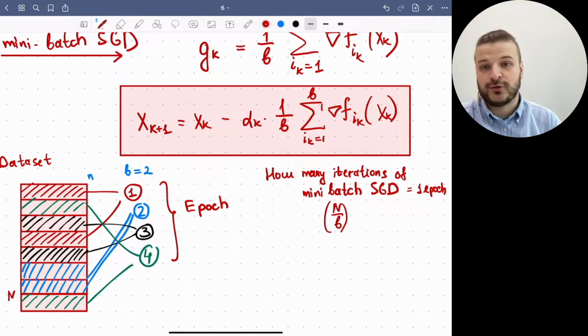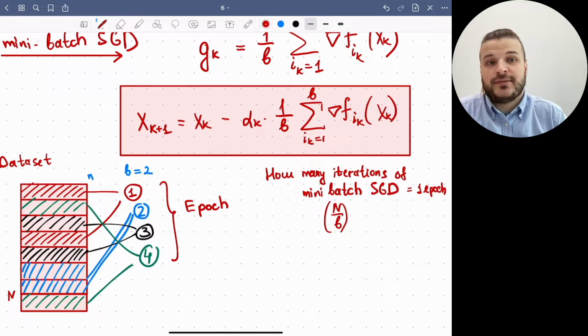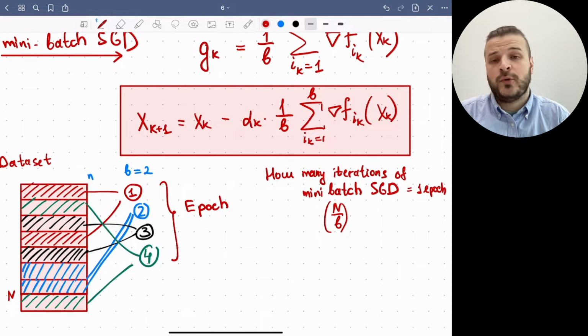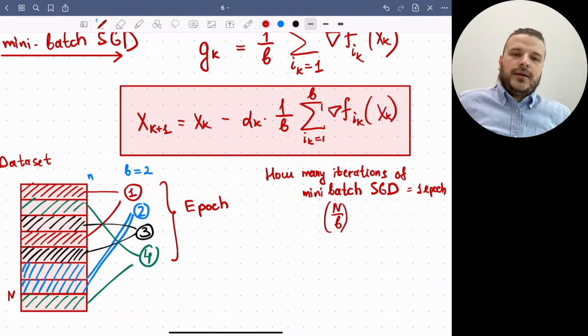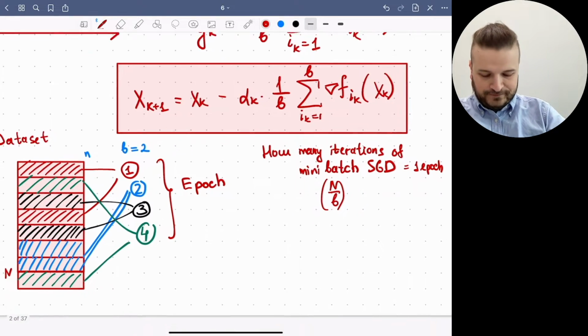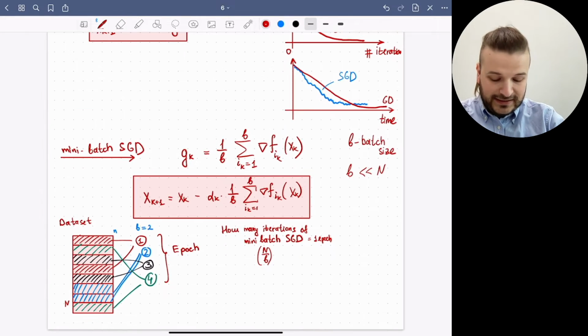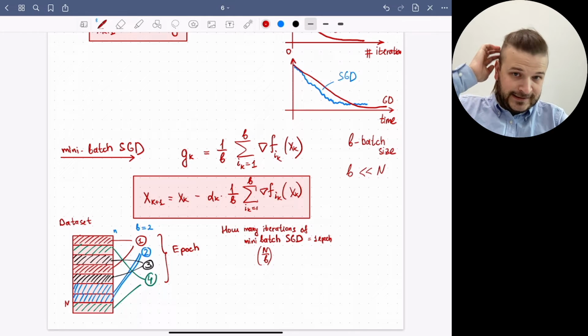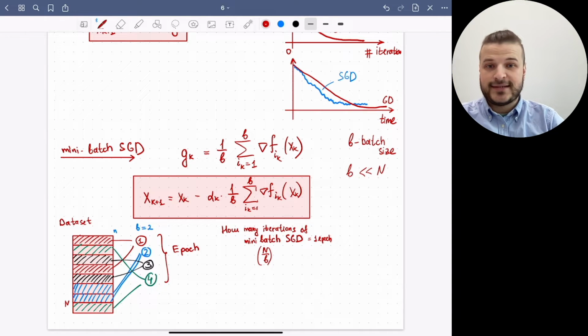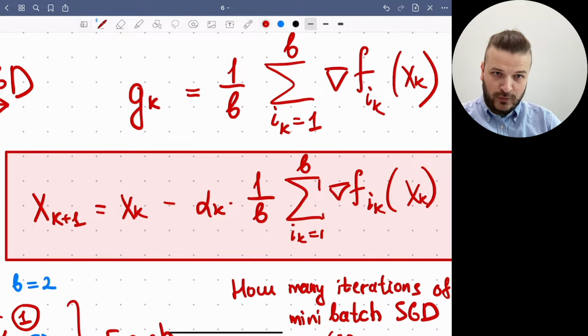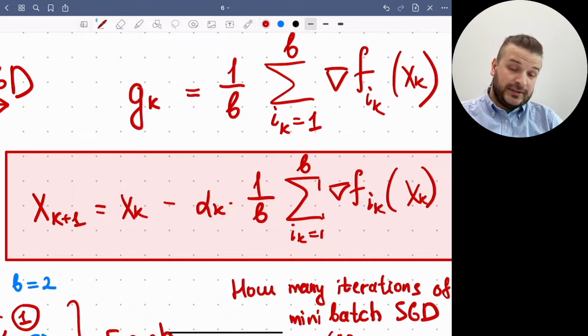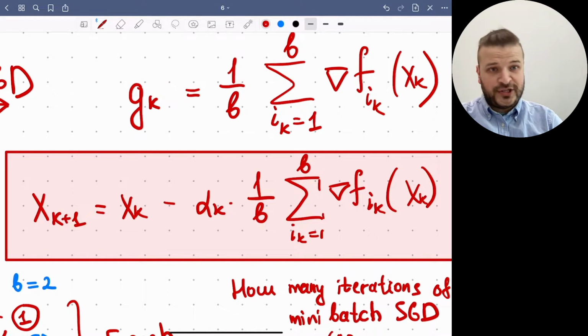That means that the total number of mini batch SGD iterations in one epoch is 4. Okay, that's pretty understandable, but the question here is, okay, guys, now we have more hyperparameters than before. We still have the learning rate selection problem, but also we have a batch size hyperparameter, which also needs to be tuned somehow.